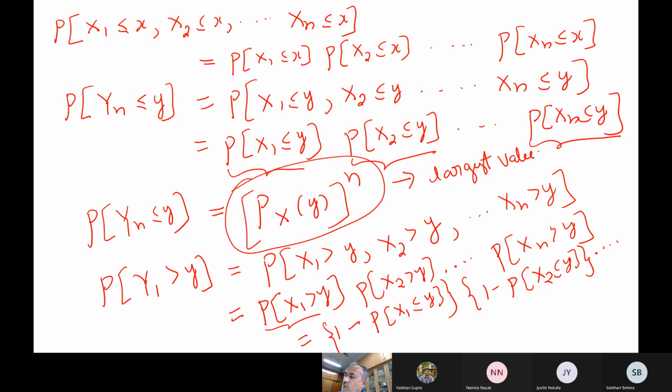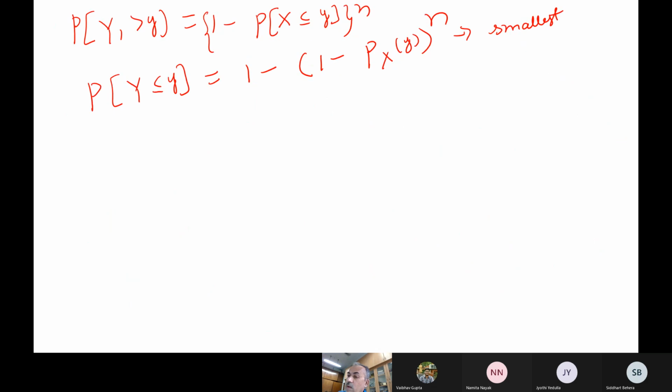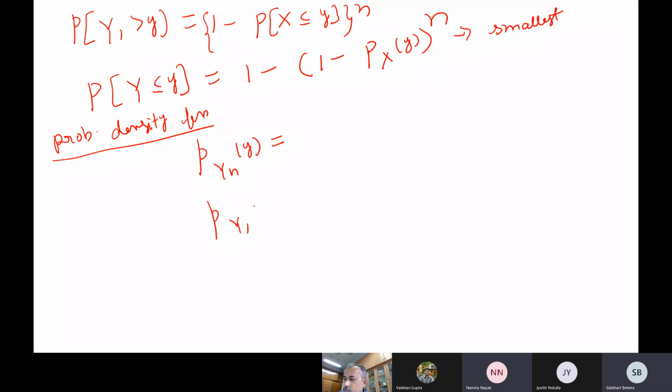This is a distribution. You can also find out the density. What is the relationship between density and distribution? If I know the distribution and want to find the density function, I have to differentiate the expression.